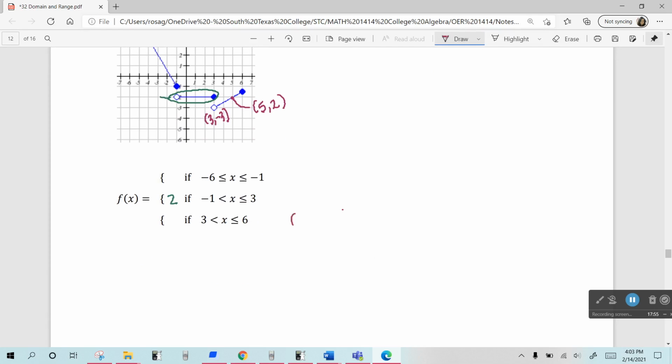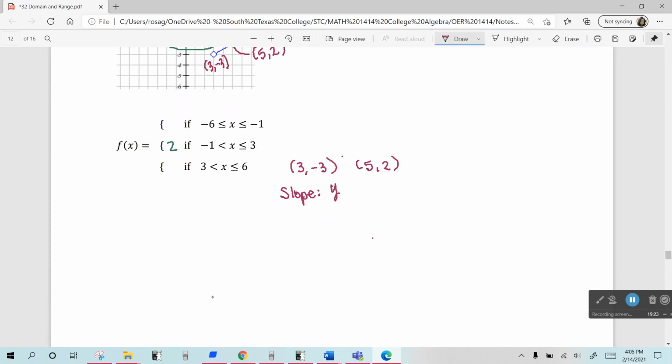So it would be finding the slope. It's going to be y2 minus y1 over x2 minus x1, so 2 minus -3 over 5 minus 3. So that's 5 over 2.